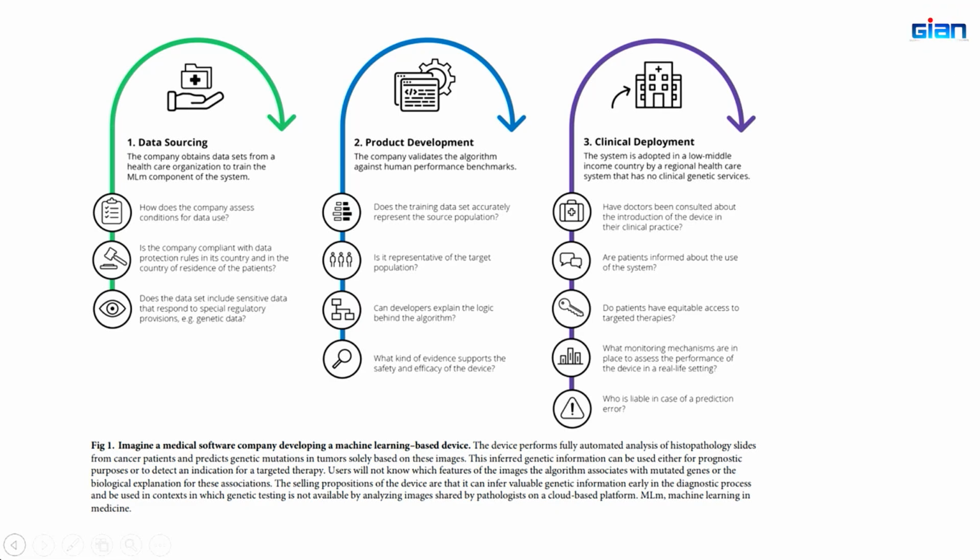Now, what monitoring mechanisms are in place to assess the performance of the device in a real life setting? If you remember, one of the topics that we covered yesterday was that once a model has been deployed, you can't just forget about the model. There has to be post-deployment monitoring of how that model is performing, because new data sets will come in, scanners will change, scanners will keep getting better, which means the quality of the image will change.